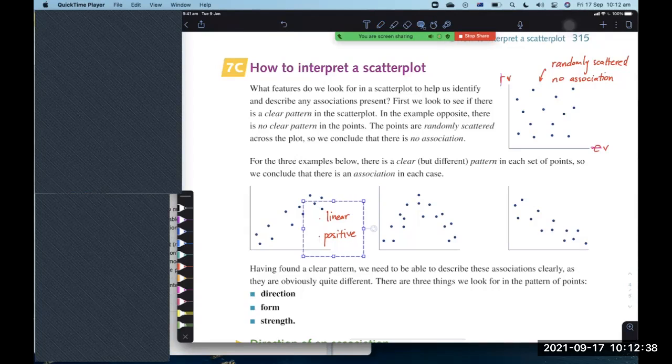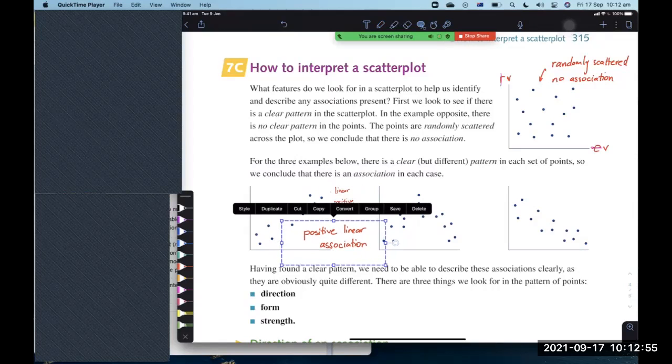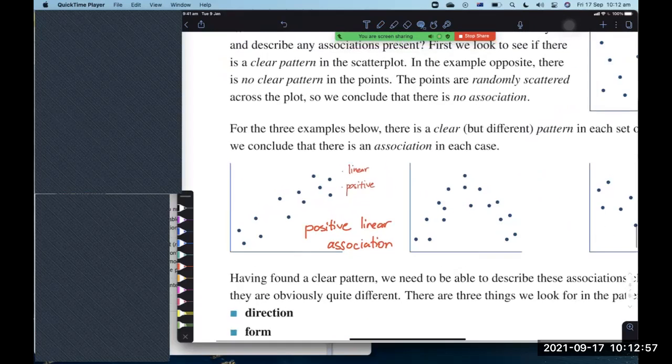So if we want to summarize this, what we can say is that it's a positive linear association. So you see this mashing of ideas, we're putting them together. Now, we already know why this is a positive relationship, because as we go to the right, we are going up. So that means that this is a positive relationship here.